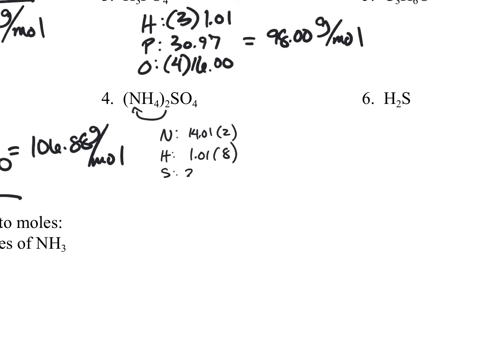All right, and then sulfur is 32.07, and oxygen is 16.00, but there are 4 of them. So you need to add each of these separate elements. Almost done. So the total molar mass is 132.17 grams per mole.